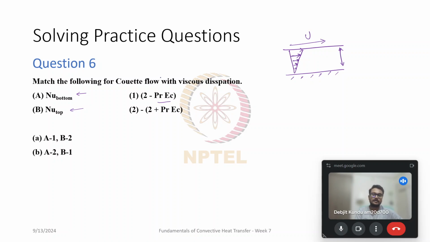But anyway, here our focus is different. Here we want to know that in the bottom wall there is some heat transfer due to which there will be a Nu bottom, that is the Nusselt number at the bottom wall, and similarly at the top wall we will have a Nu top, which is the Nusselt number for the top wall, expressed in terms of Prandtl number and Eckert number as shown in this second column.